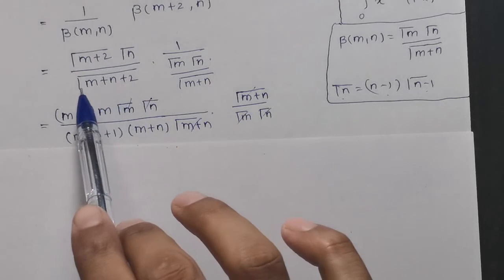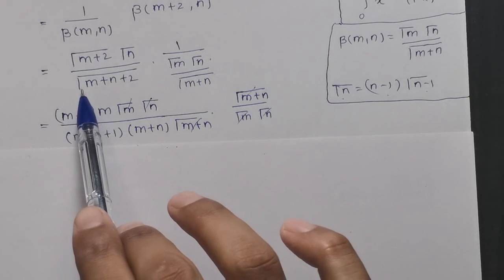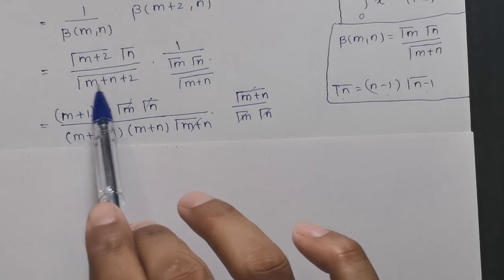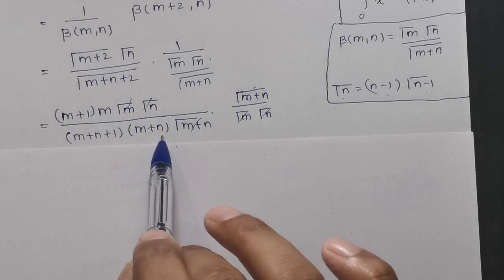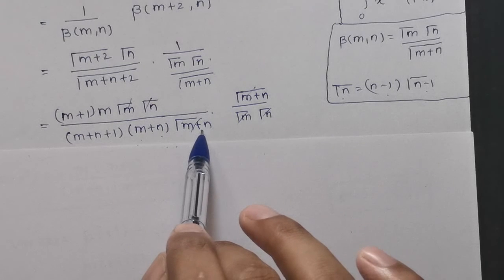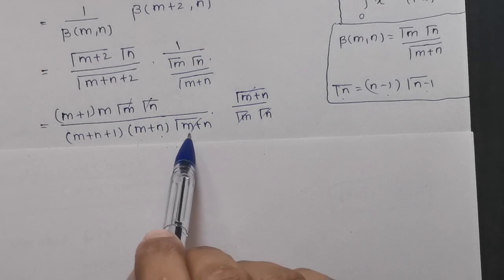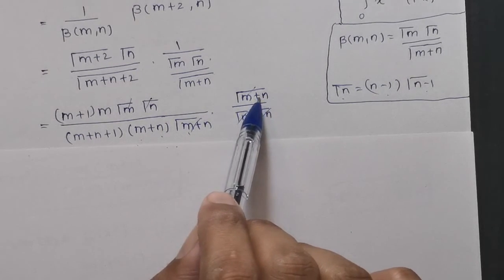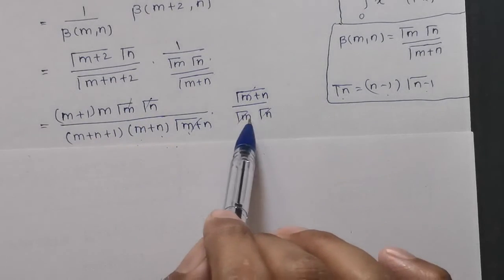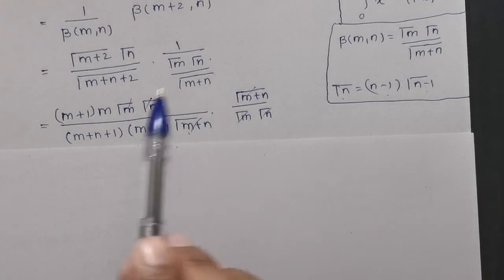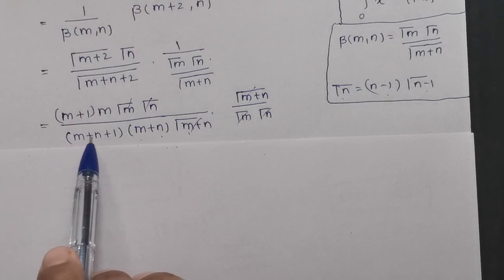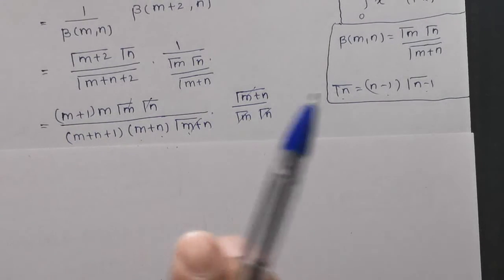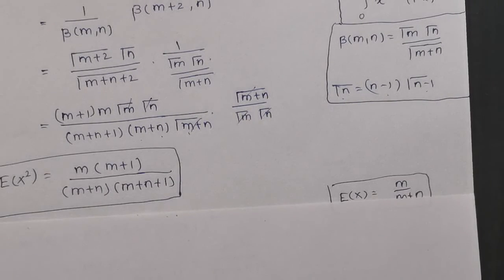Similarly, gamma m plus n plus 2 is m plus n plus 1 into m plus n into gamma m plus n. So gamma m cancels, gamma n cancels, and the remaining part is m into m plus 1 divided by m plus n plus 1 into m plus n. This is the expected value of x square.